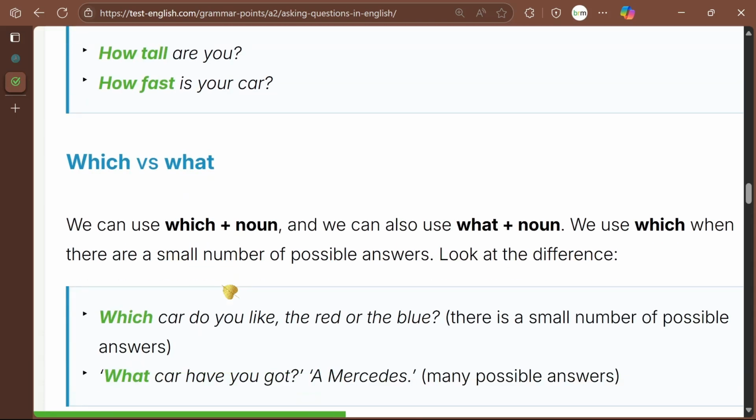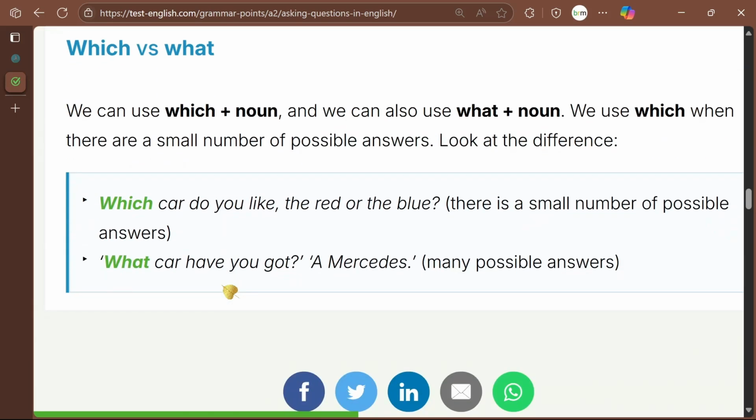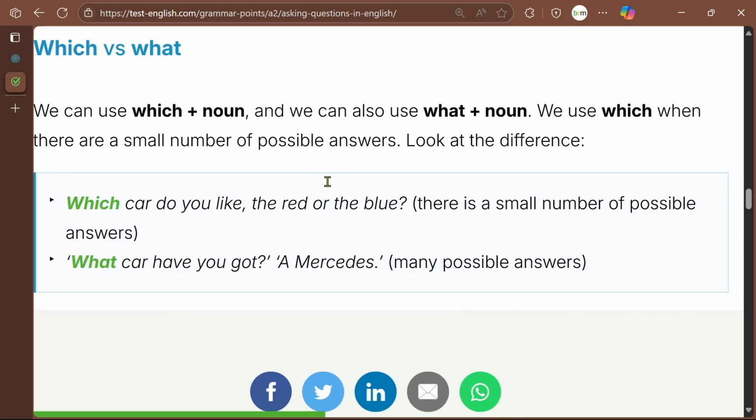Which versus what? Both of them can be used together with a noun. With a small number of possible answers, we use which. So you have maybe two or three options. Which car do you like, the red or the blue?